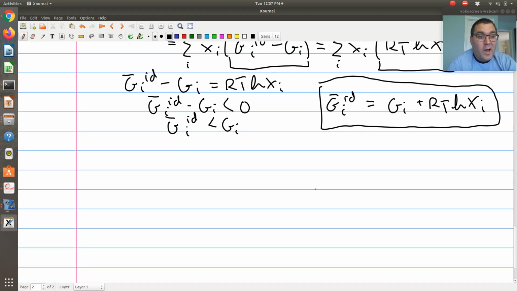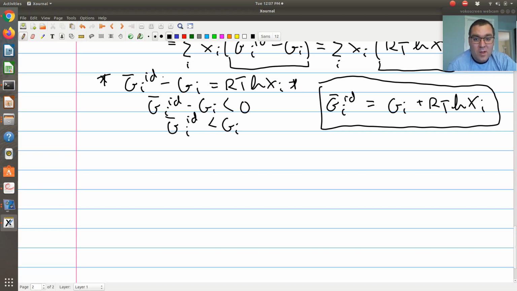I'm going to make one comment as a spoiler in terms of the next screencast, the next set of notes, and namely that is if I look at this expression, or equivalently this expression, when it comes to calculating fugacity in an ideal solution, the key is that here I have a difference in molar Gibbs free energies. Essentially this is Gi, the molar Gibbs free energy of pure component I, but it's equivalent to the partial molar Gibbs free energy of component I in a pure component solution.